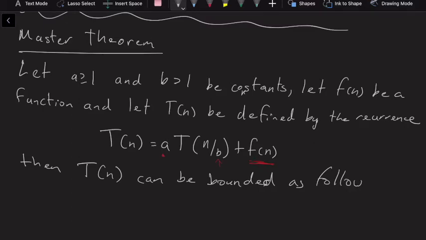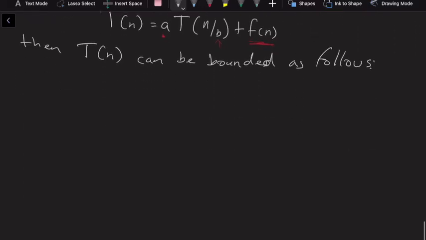We're going to have several different cases about what the bound for T of n is. And the first case is the following.